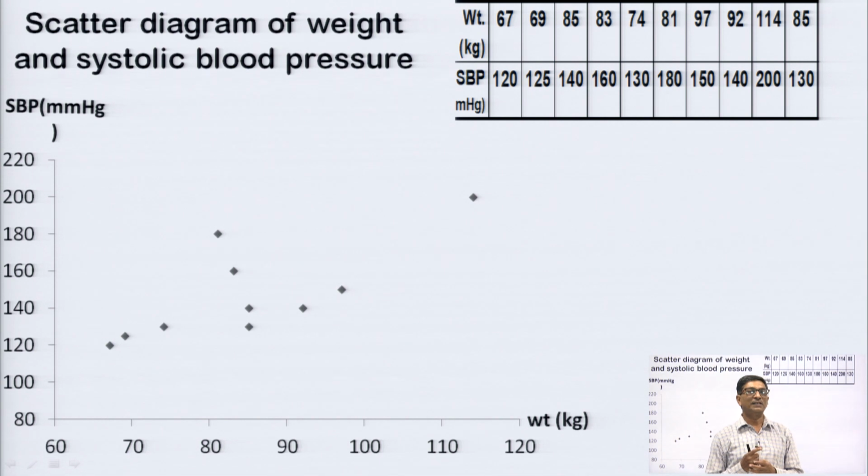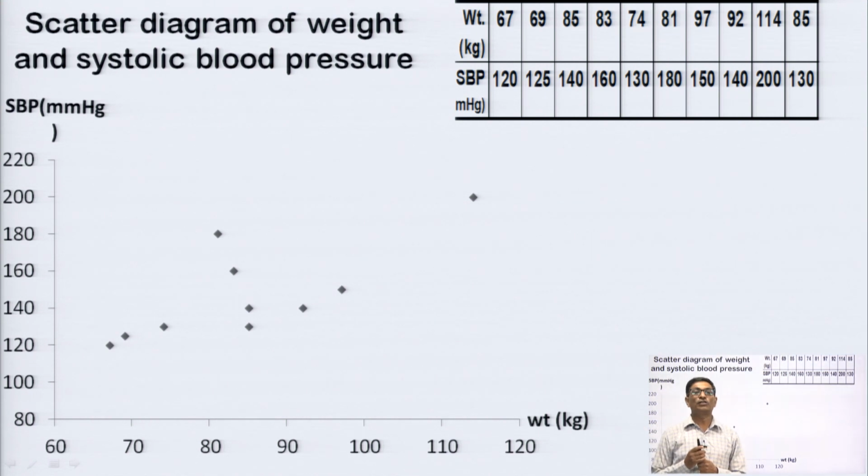So, we see here that the systolic blood pressure depends upon the weight. So, weight is the independent variable and we take it on the x axis, and as systolic blood pressure is the dependent variable, we take it on the y axis.